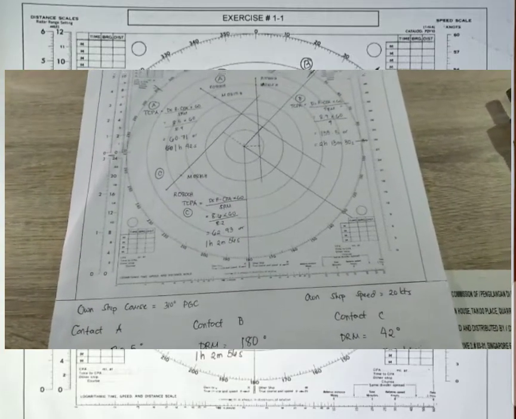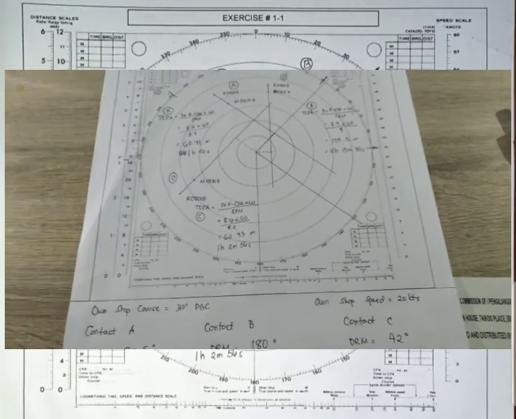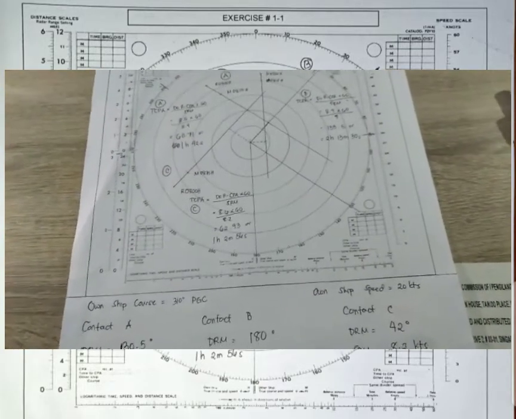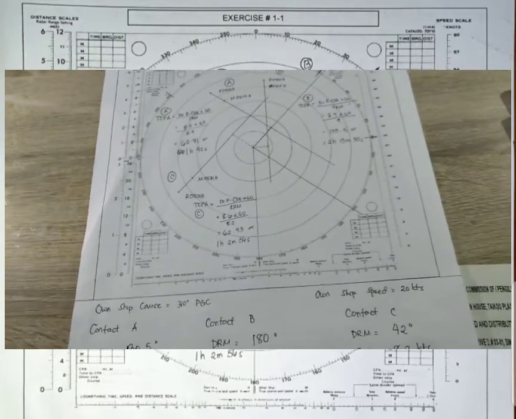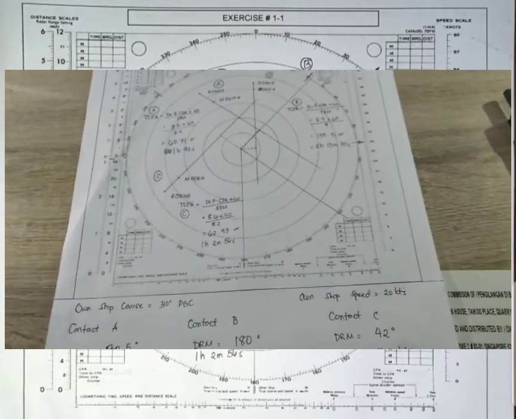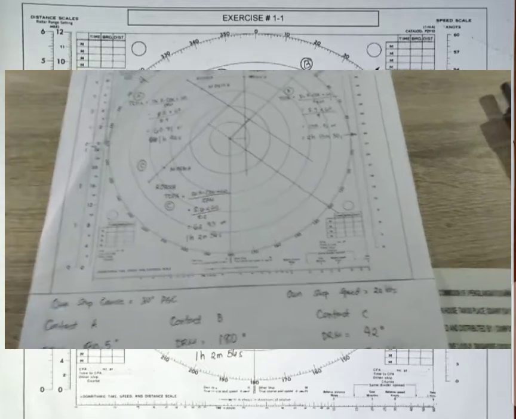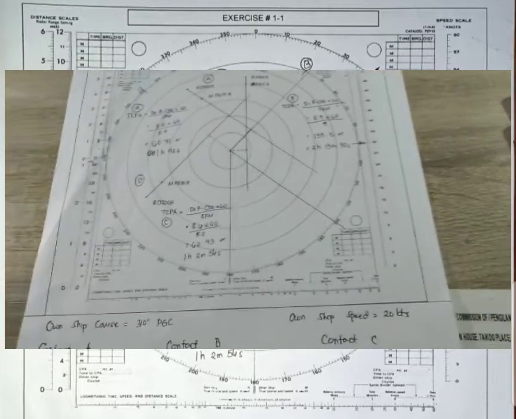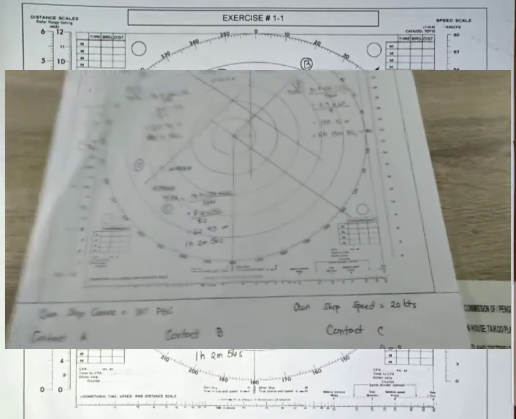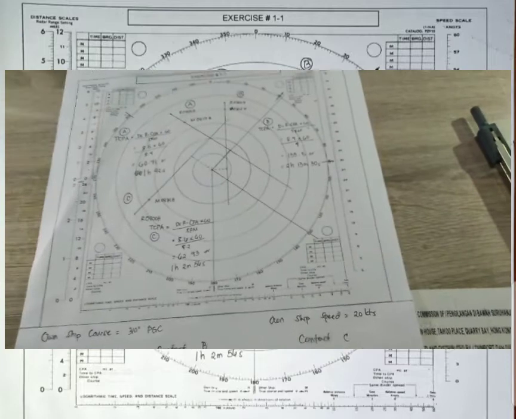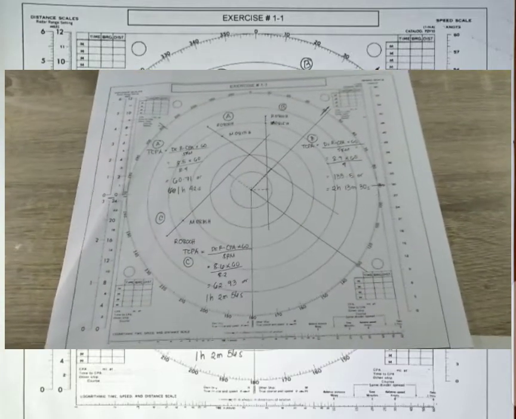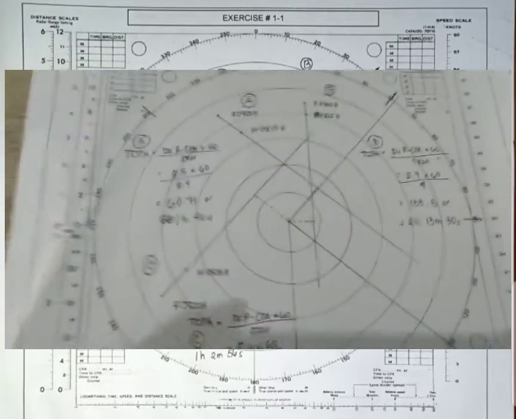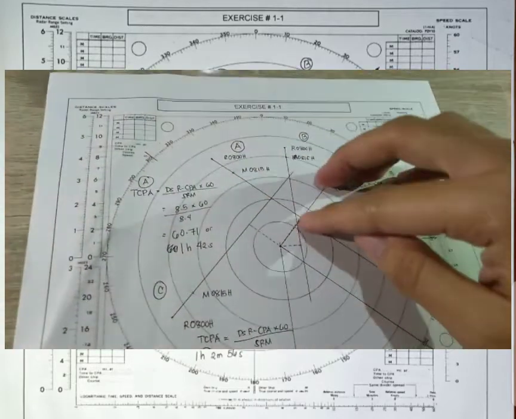This is in connection to the previous video, which is the quiz 2 from the relative plot, and this is for the CPAs: the bearing CPA, distance CPA, and the time CPA of the contact's close approach to our own vessel.